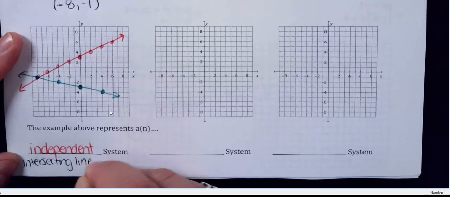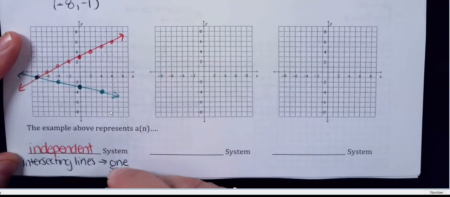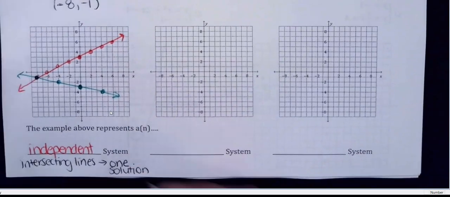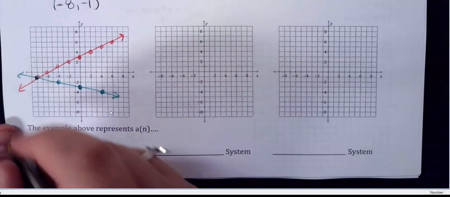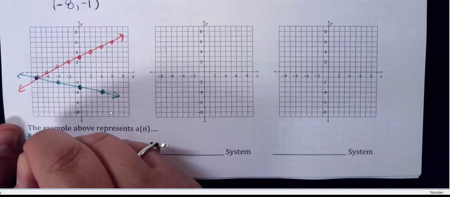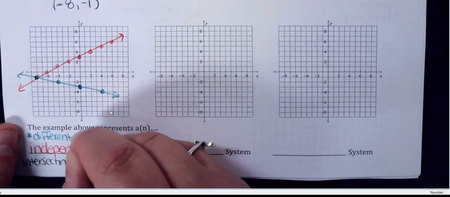And if the lines intersect, you will always have one solution. So any type of independent system should be a set of intersecting lines, and they'd only have one point in common. And this will happen anytime the two lines have different slopes.